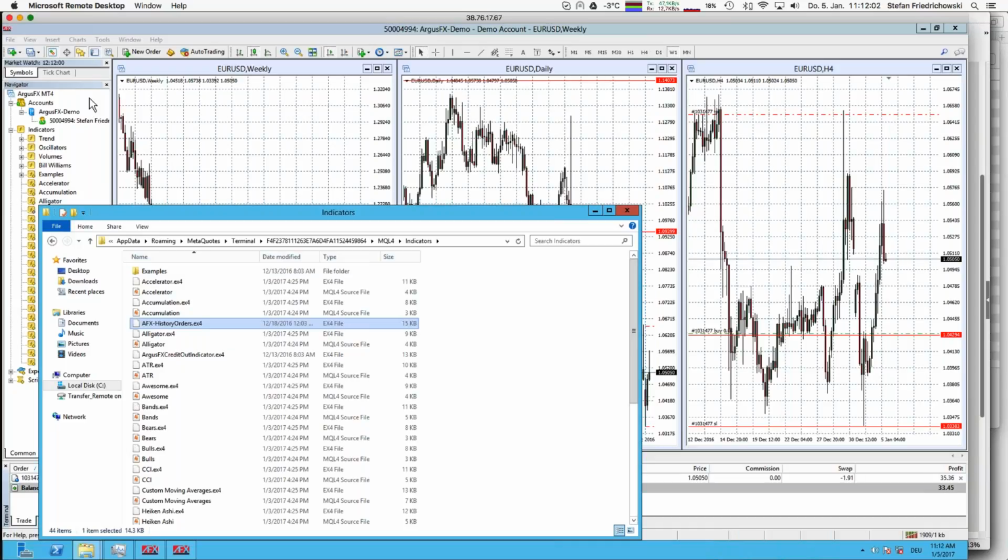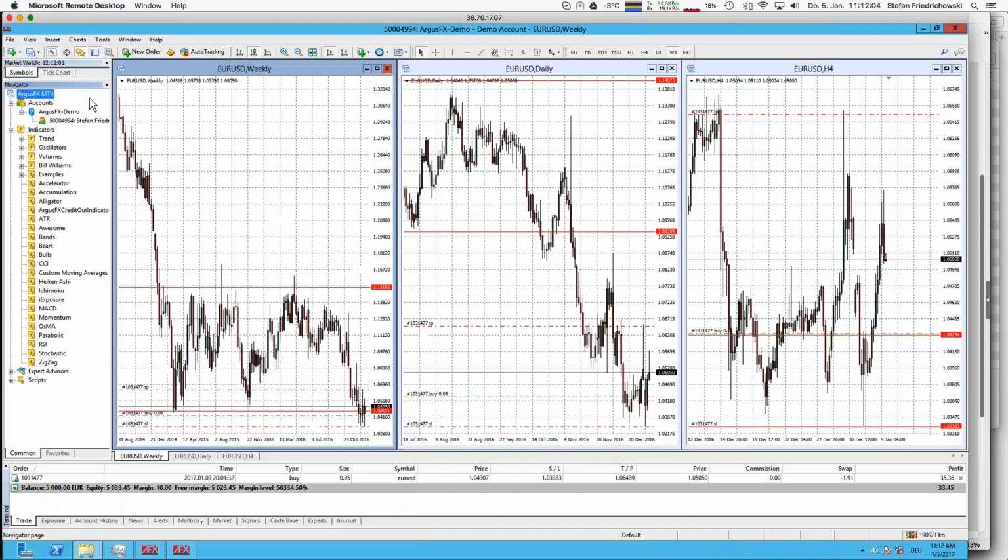And now you have 2 opportunities to get that indicator up and running. One is you close the MT4 and restart it, or you do a right-click here on the indicators, and then you press refresh, and now it will reload all the indicators which are available.